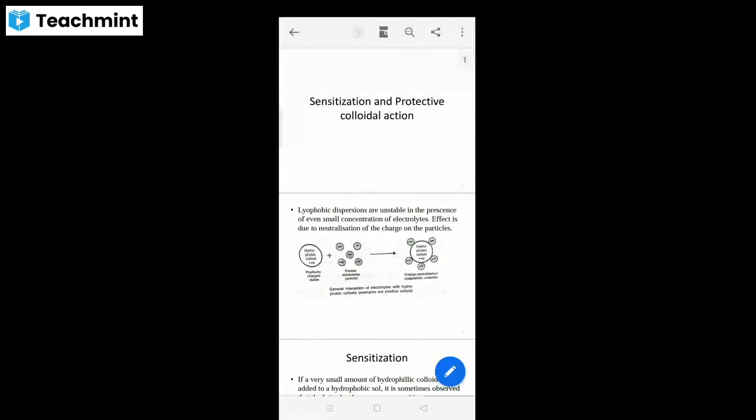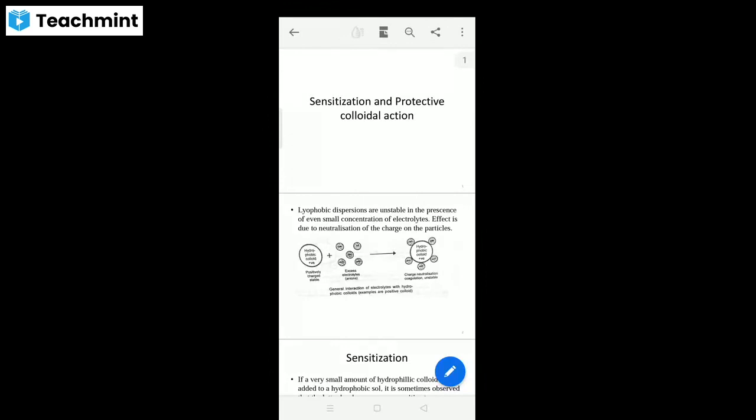Lyophilic colloids are spontaneously self-assembled colloids. They can form instantly, easily, whereas lyophobic colloids do not form instantly. We need to take certain action in the preparation of lyophobic colloid.